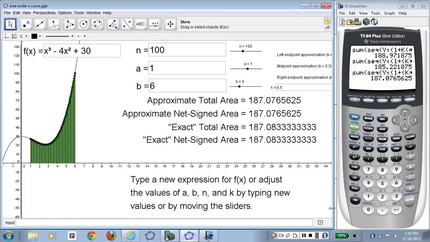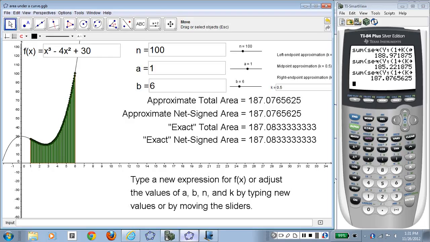With rounding, it's pretty much the same. 187.0765625. That's what we have there, and very, very close compared to the left endpoint approximation and right endpoint approximation.